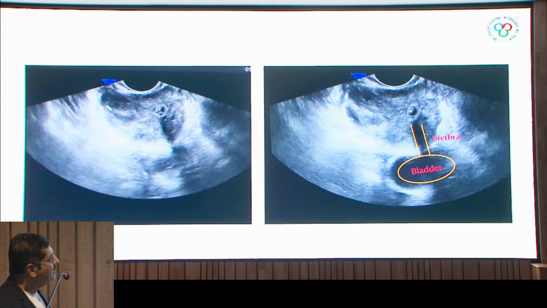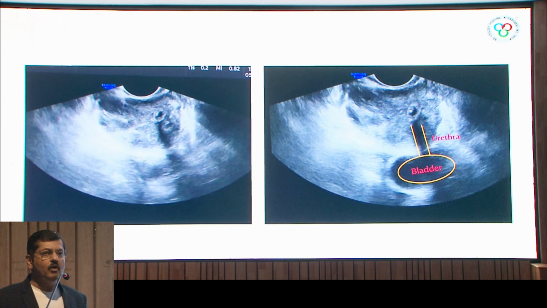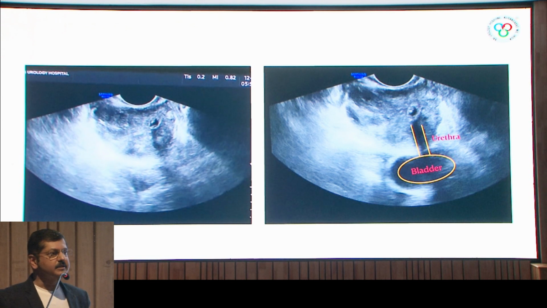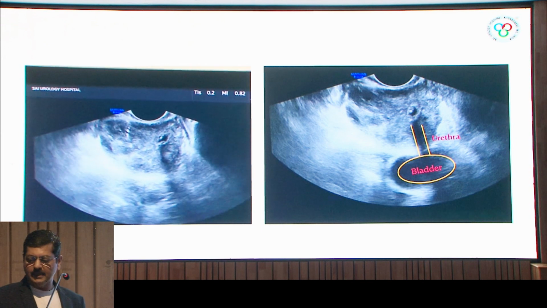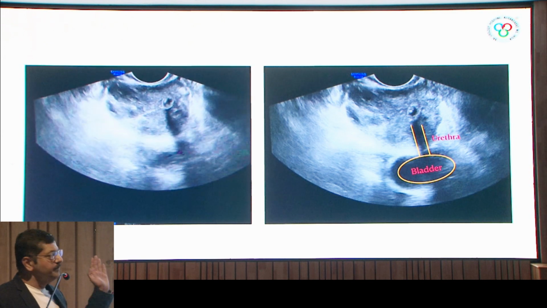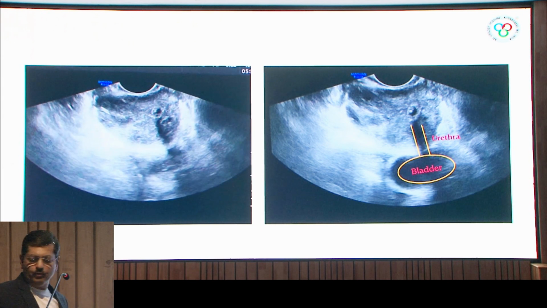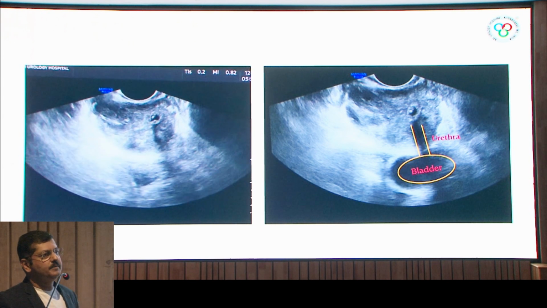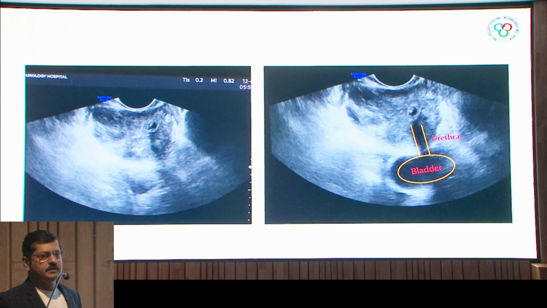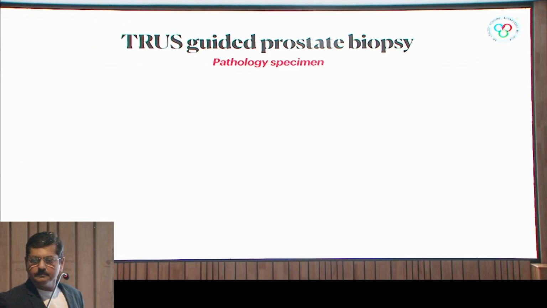Yield means we want more cancer detection rather than just a good sample for biopsy. So keep the urethra and the bladder more medially, get the maximum amount of prostate on the screen, and then do the biopsy. You will perfectly hit the area which the urologist wants.